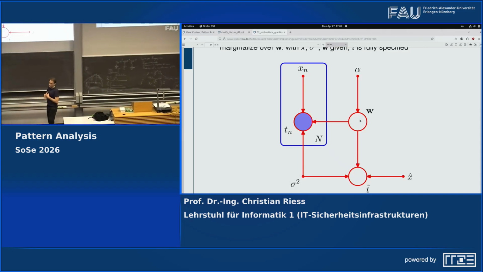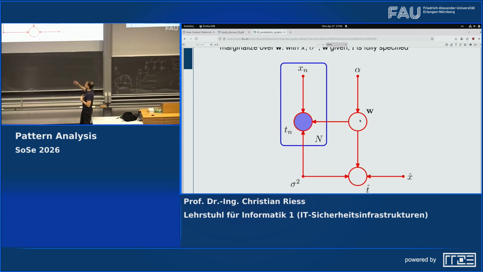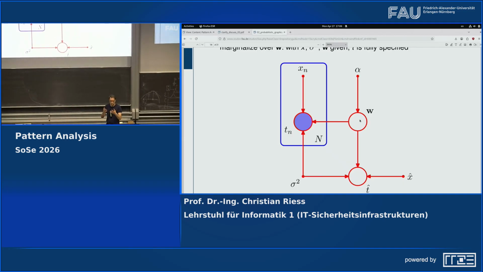This is what we see for the Tn. It has this observation xn associated, or you need to attach a prior to it to say, okay, from what should I get this distribution? No? So this is the prior.